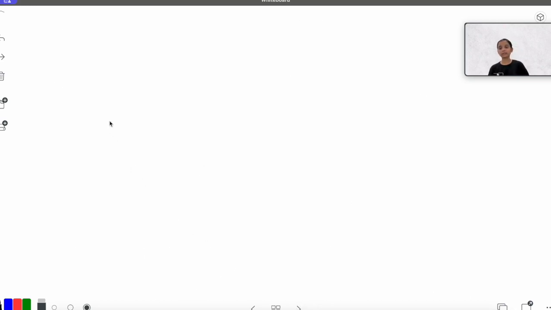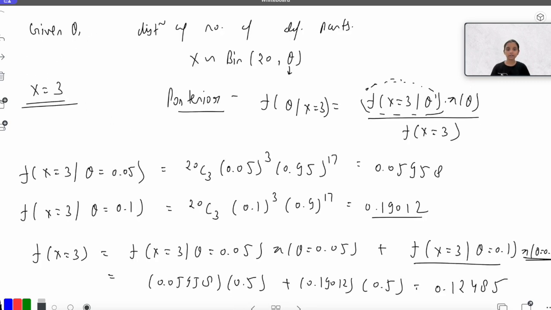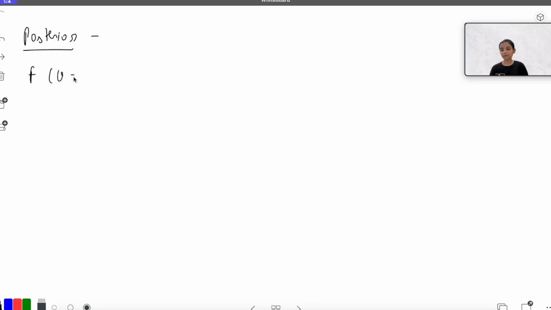Now for calculating the posterior, we will apply the formula: f of theta is equal to 0.05 given that x equals 3. Similarly, f of theta is equal to 0.10 given x equal to 3.